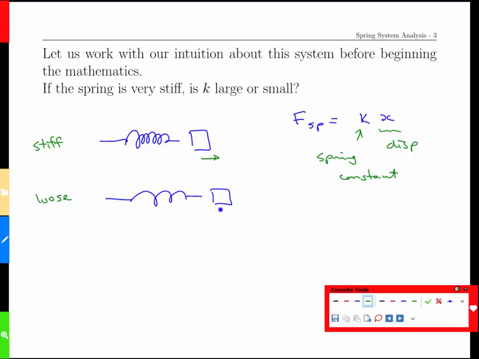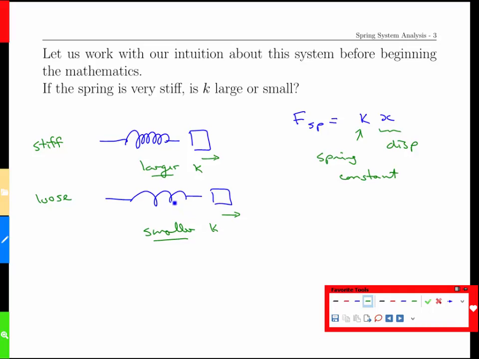So if we stretch this spring out a certain amount and this spring out the same amount, well, we expect the force to be much larger if we have this tightly coiled spring or the stronger spring. So that's going to have a larger k value because for the same displacement, I multiply by a bigger number to get a bigger force.